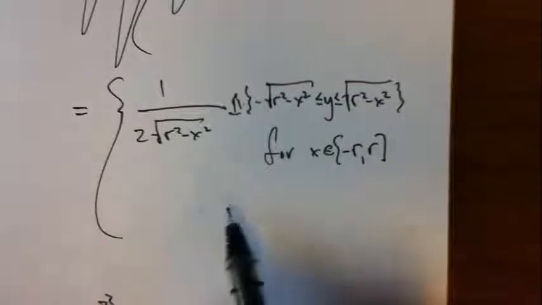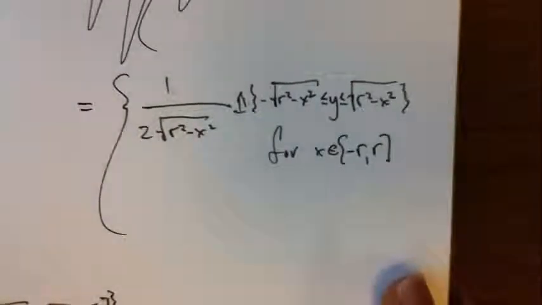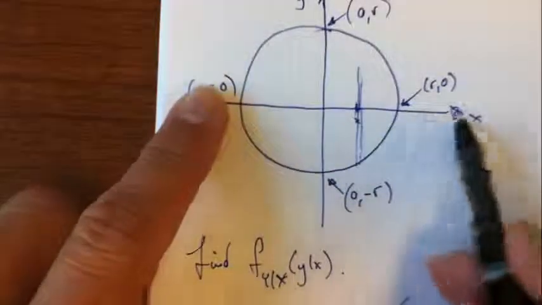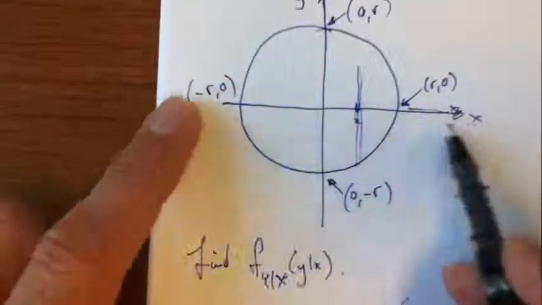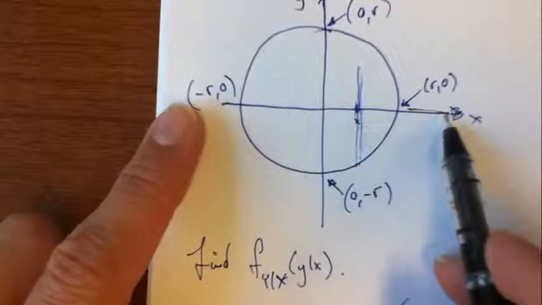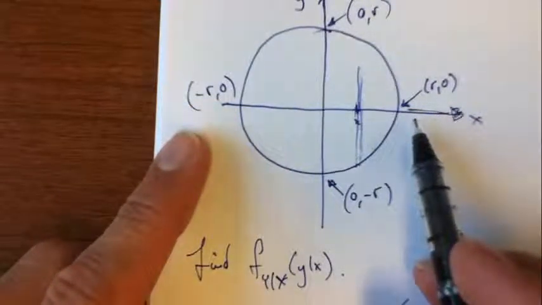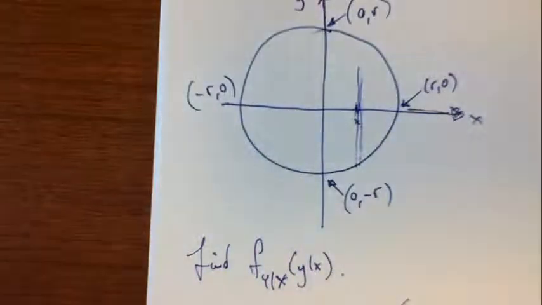What if x is not between negative r and r? That is, if x falls outside the circle, what is the density function for y? It's really not defined. It doesn't make sense to talk about it. Technically, density functions have to satisfy certain axioms, right? Like they need to be non-negative, and they have to integrate to 1, right?